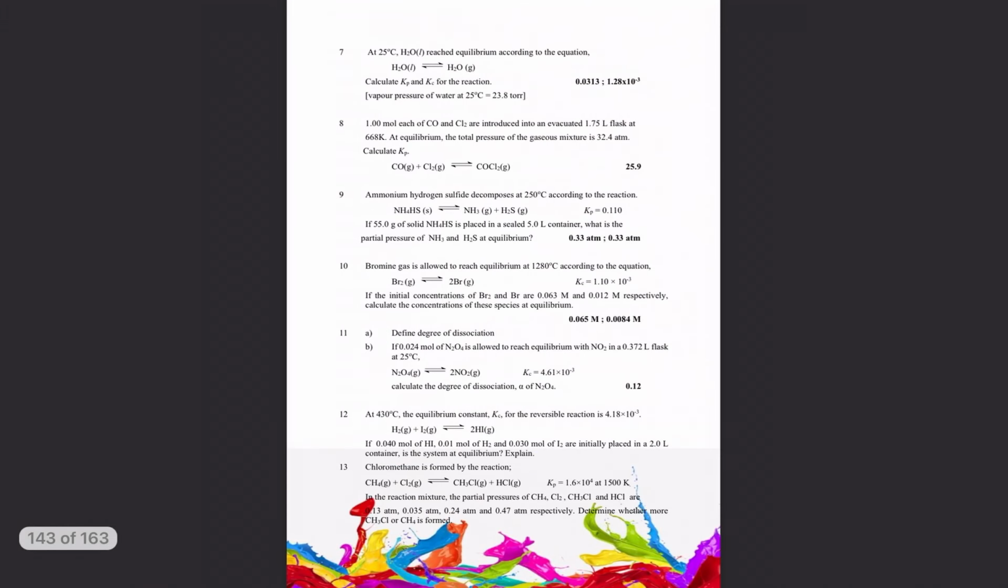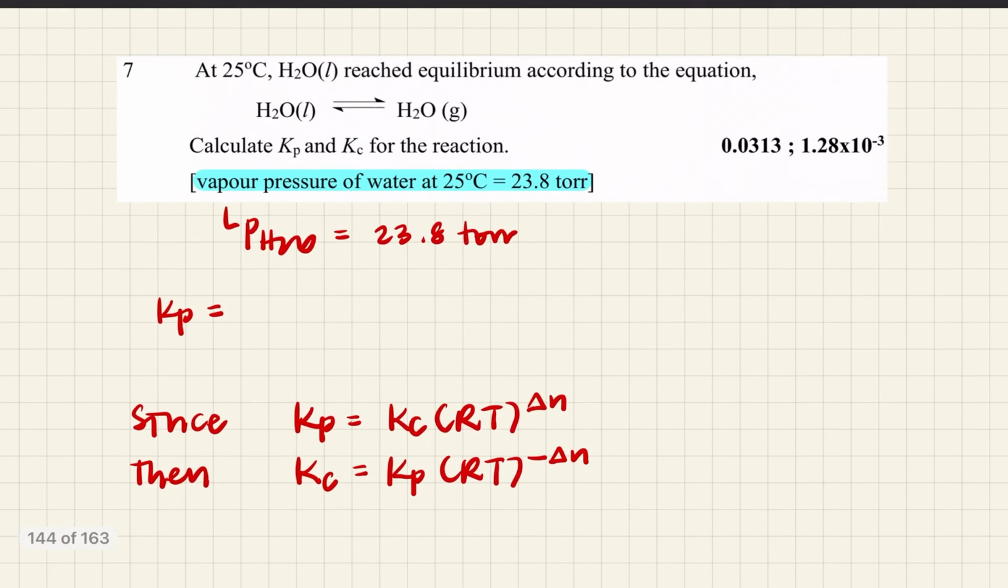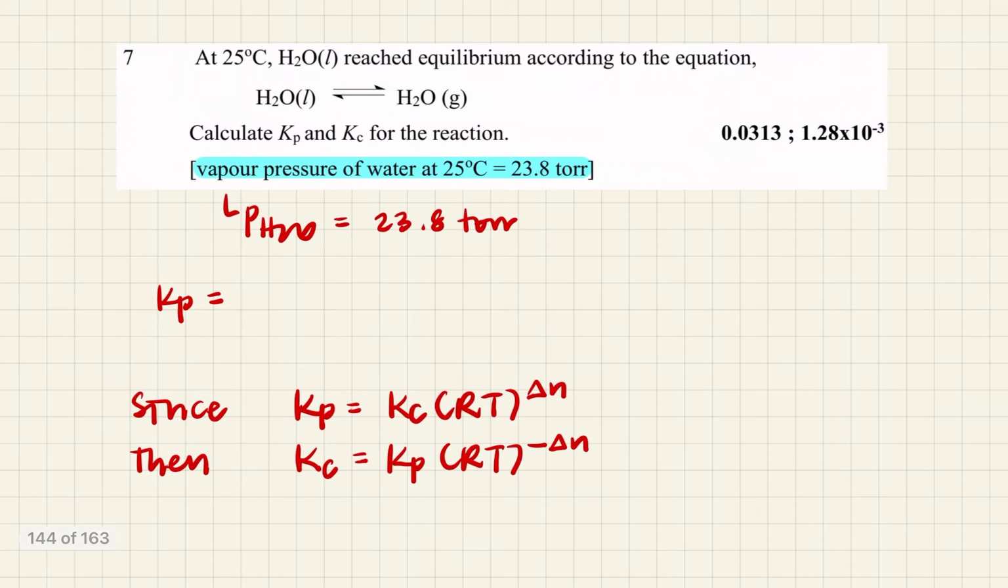Okay, so next, number 7. For number 7, at 25 degrees Celsius, H2O liquid reached equilibrium according to the equation here. So calculate Kp and Kc for the reaction given the vapor pressure of water at 25 degrees Celsius is 23.8 torr. Alright, so we want to find Kp. To find Kp, we have to write out the expression for this reaction.